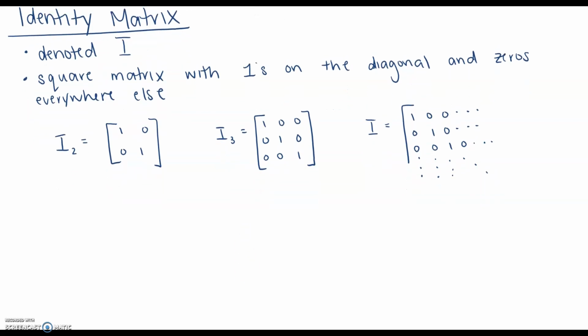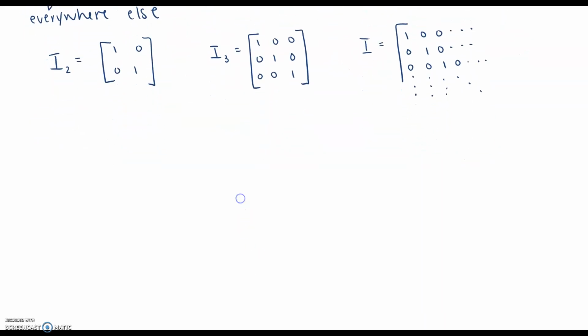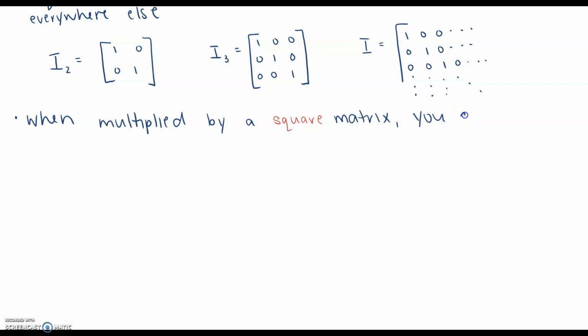So the thing about the identity matrix is that by having all these ones on the diagonal, when multiplied by a square matrix, and square is important, you get that matrix.